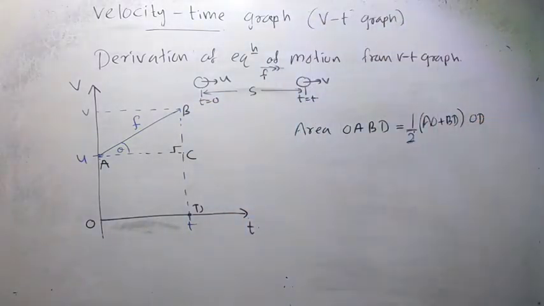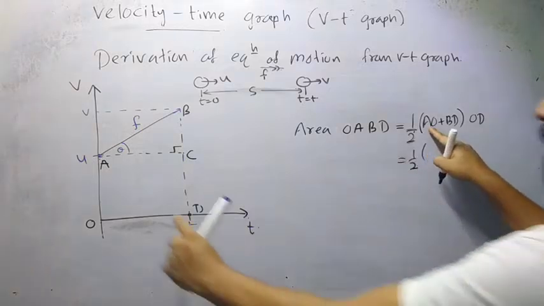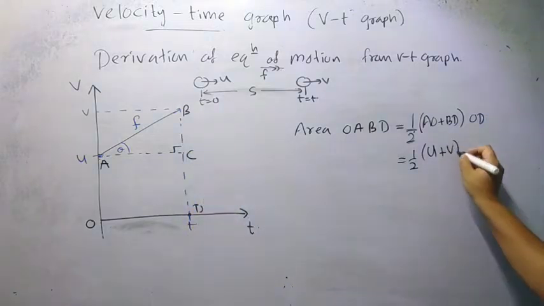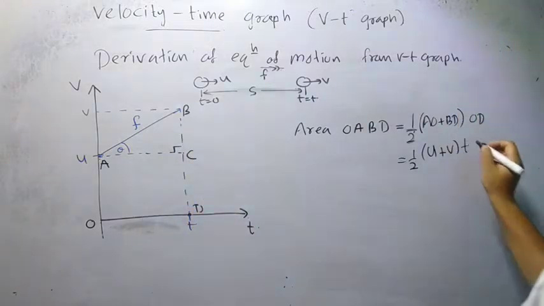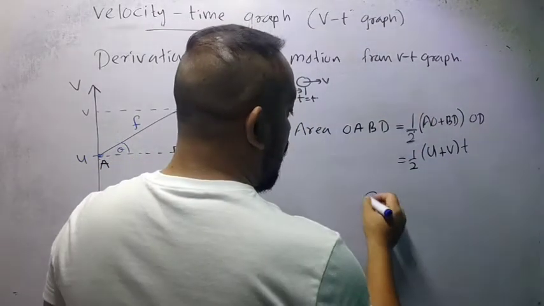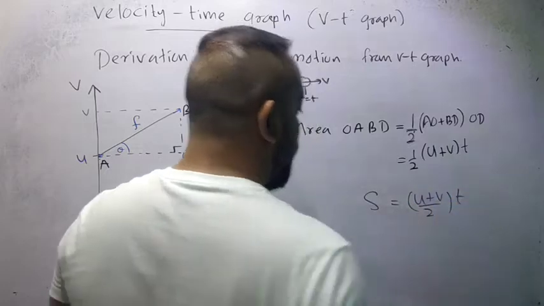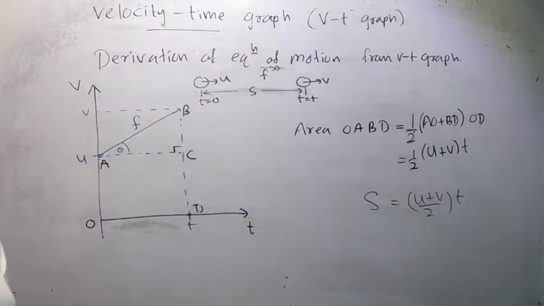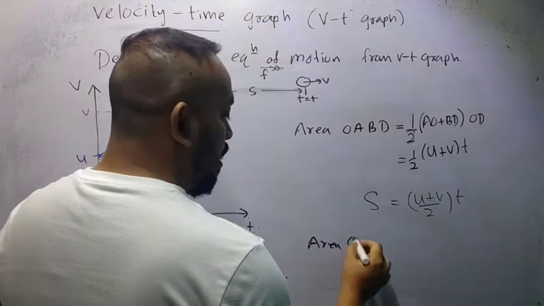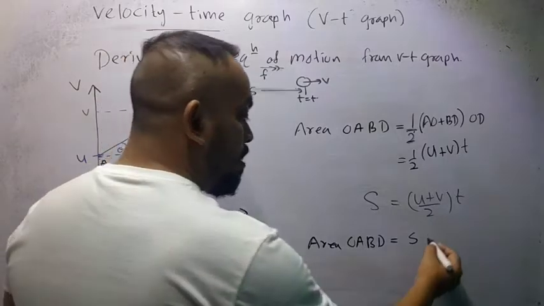AO is U, BD is V, OD is time. Have you seen this before? You remember S equals (U plus V) divided by 2 times T. When you compare these two, we get that the area OABD gives you S, the displacement.